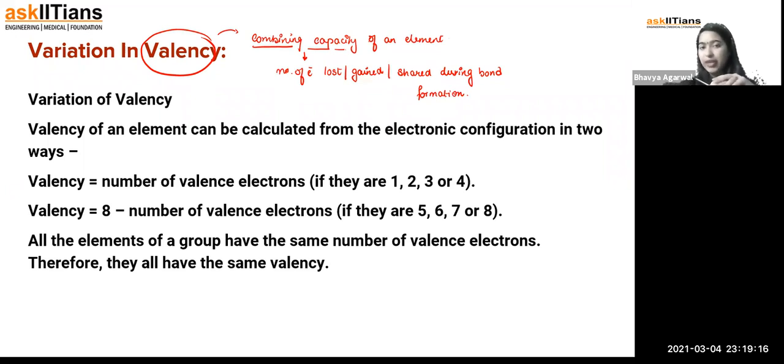Combining capacity is basically the number of electrons lost or gained or shared during bond formation. This is something you've already done in your 9th grade, right?